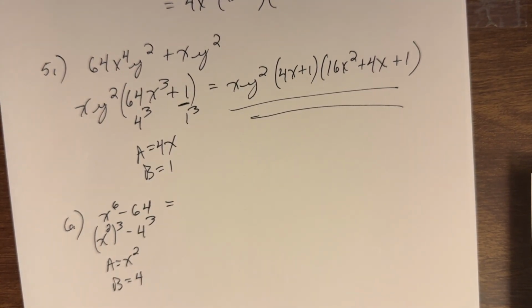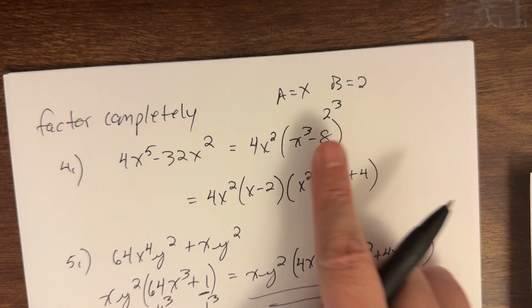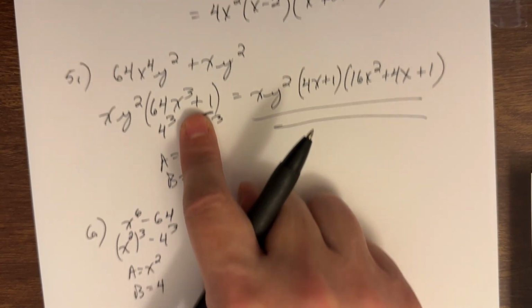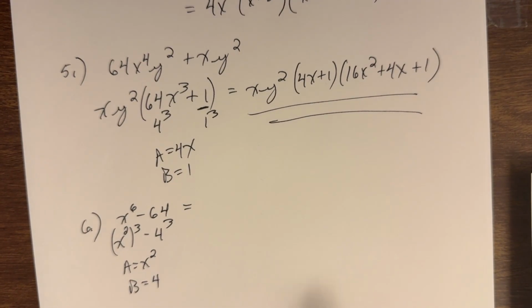So I'm factoring, and unlike the other two where GCF was necessary first to make this a sum of cubes, this one didn't have a GCF, it was already a difference of cubes.